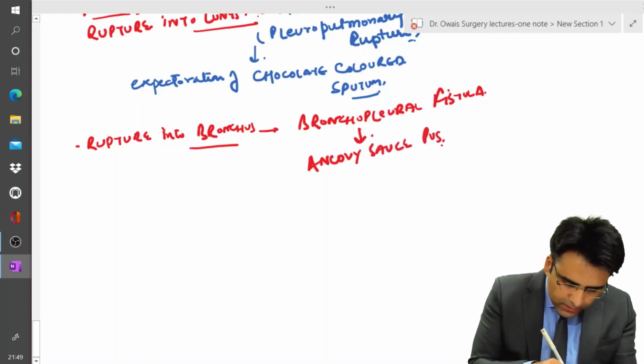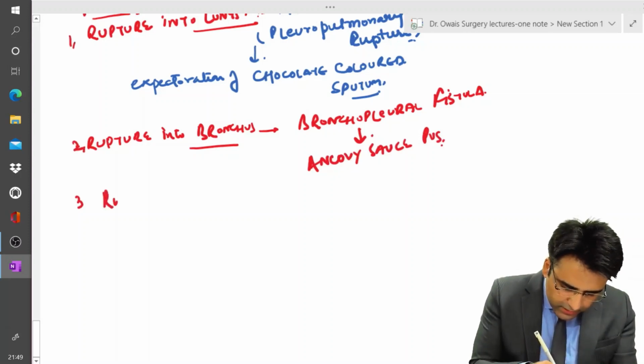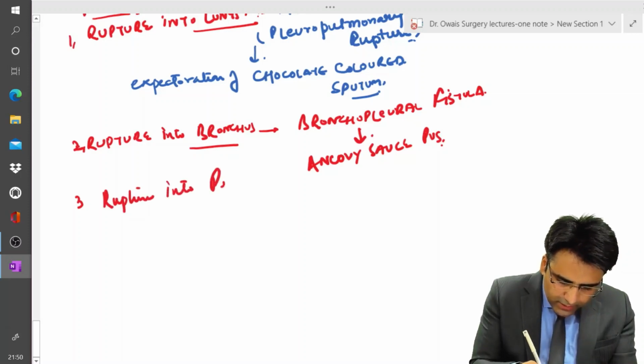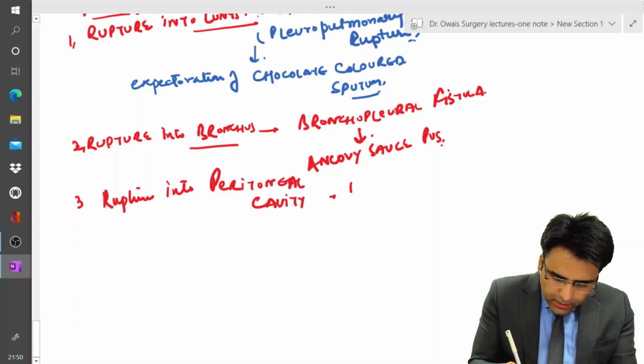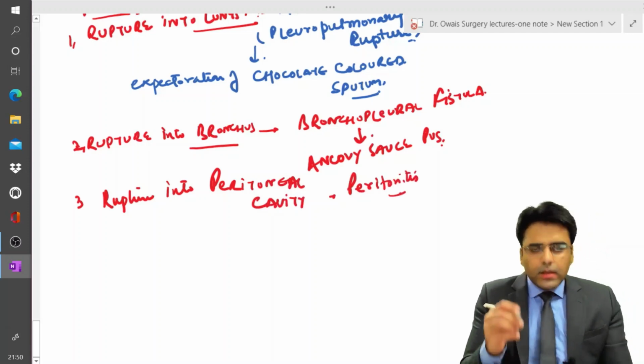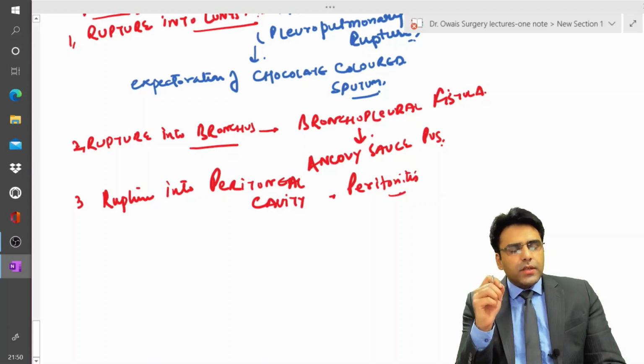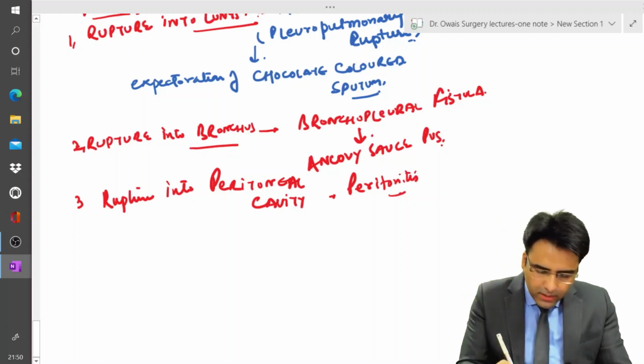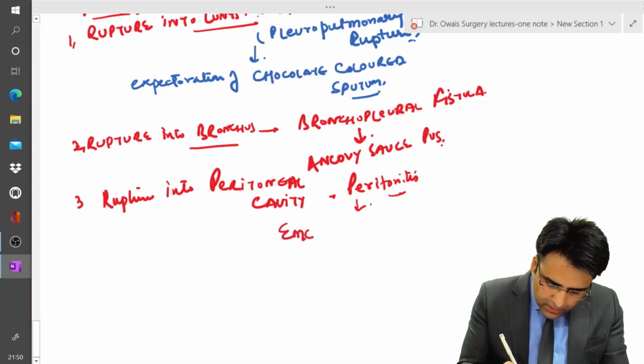After that, third, there can occur rupture into the peritoneal cavity, which can result in peritonitis. This is an emergency condition, and we have to go for surgical intervention, that is exploratory laparotomy. So you have to do emergency laparotomy in such cases.